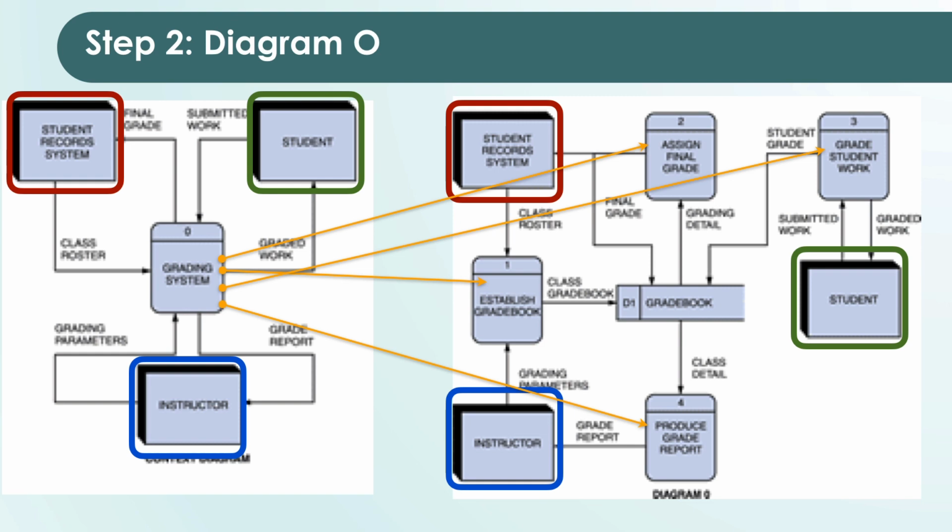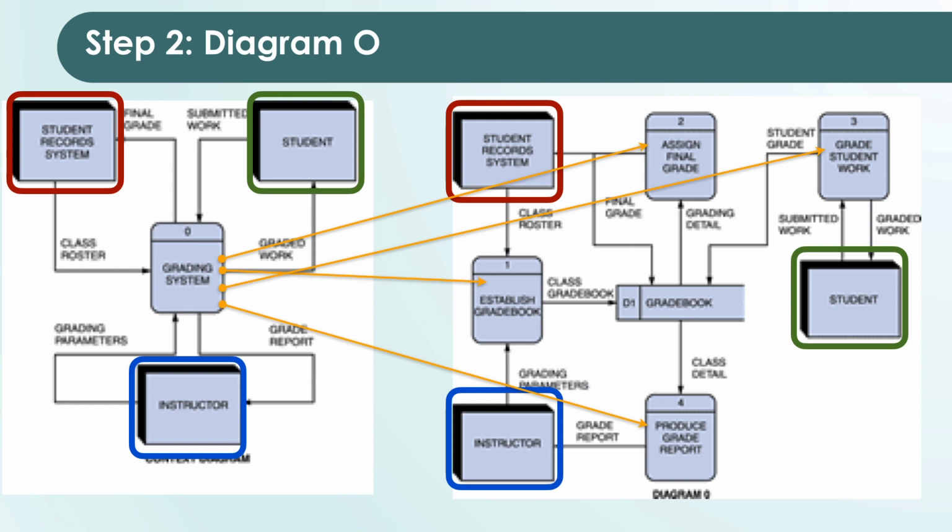The first process is to establish the grade book. It is numbered as process number 1, and then process number 2 is to assign final grade. Process number 3 is to grade the student work, and the last process is to produce the grade report.